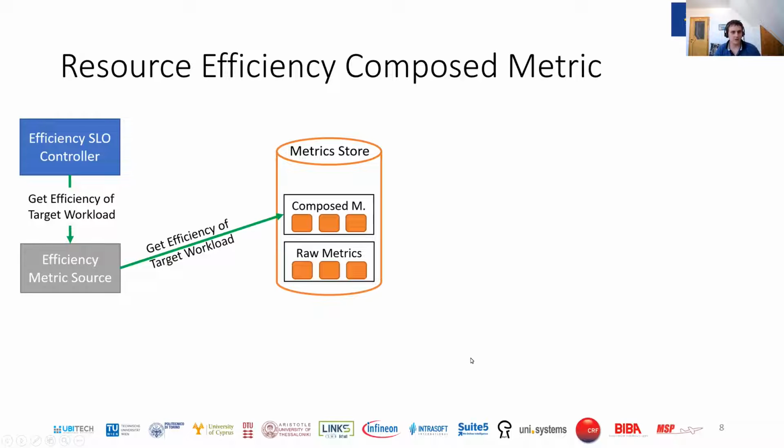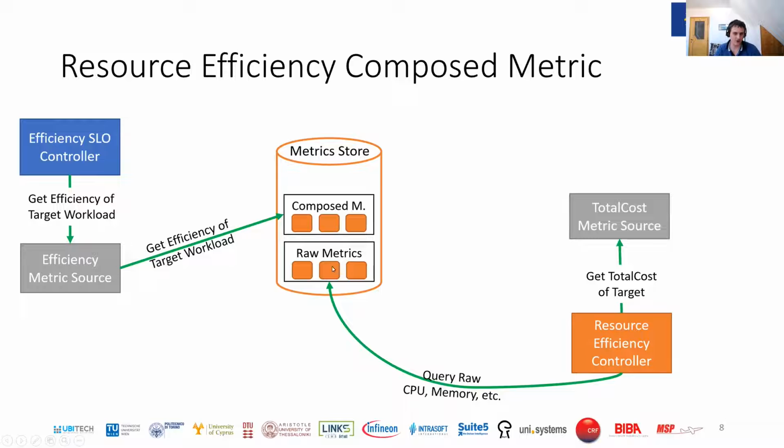So how does the composed metric get into the metric store? That's what we have, this resource efficiency controller here. Its job is to fetch the raw metrics for our workload and combine them with the total cost of the workload. Now, CPU and memory are raw metrics, but total cost is another composed metric.